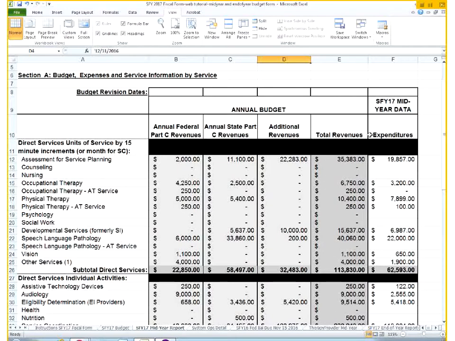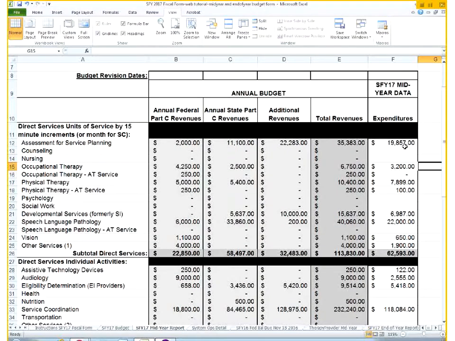So what actually needs to be completed on this mid-year form? Well, right here in column F, we're going to focus on mid-year data, which is expenditures. What we want to put in these categories is exactly how much was expended by the local system from July 1st to December 31st.